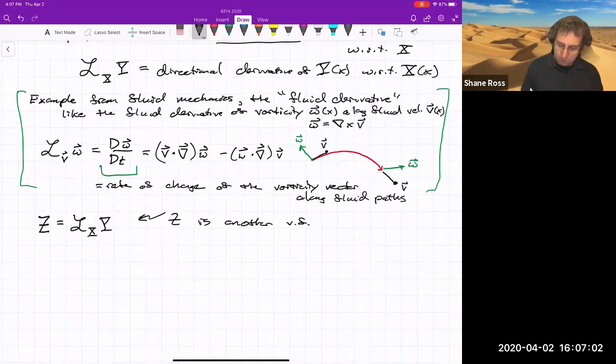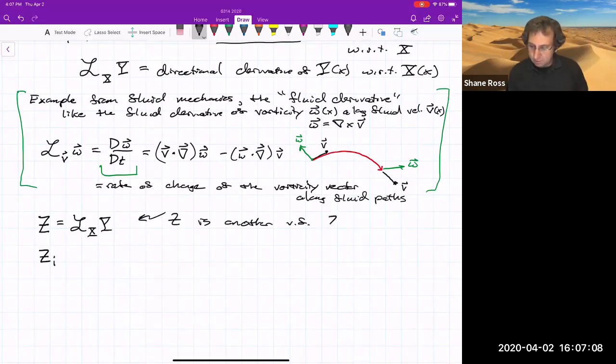And we could write it component-wise. Z is this vector field, with components Z1 all the way to Zn, just like X does and just like Y does.